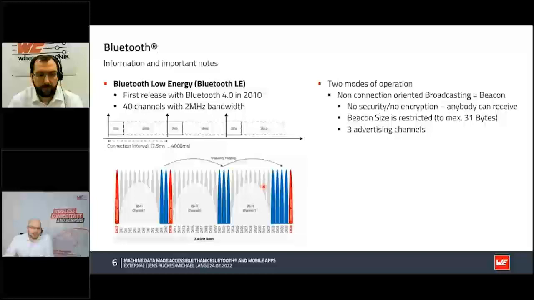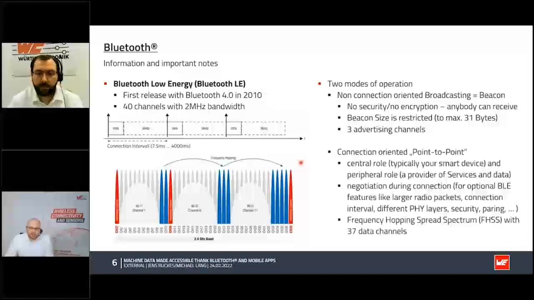The red channels are the so-called advertising channels, and there the beaconing works. The other channels are used by the connection-orientated point-to-point communication.